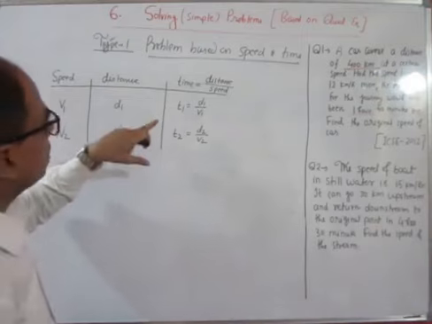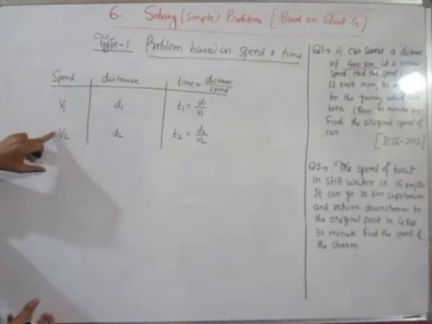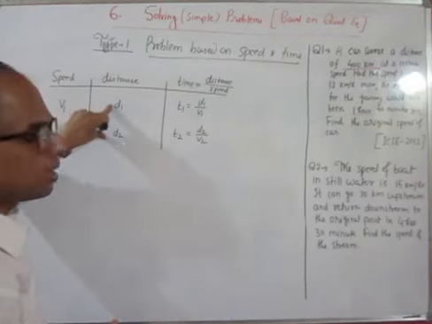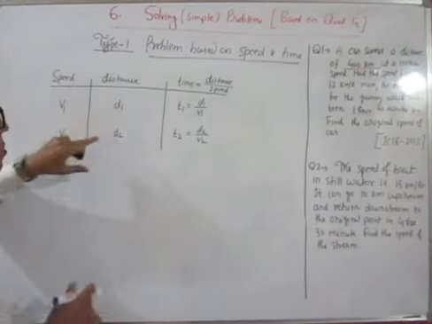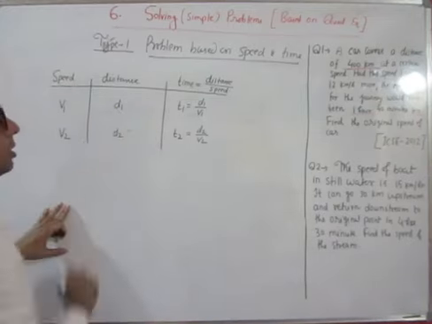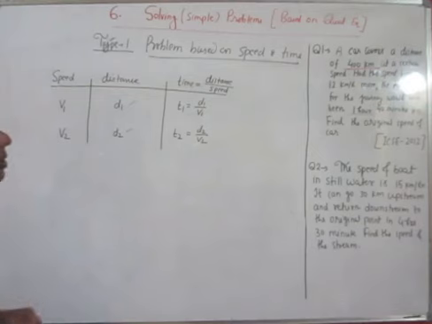Now these two speeds will be unknown for you. Clear? So you have to write v1, v2 in terms of x. Generally these two distances are given in the question, so these two will be known quantities and these two will be unknown quantities. So you have to take them in terms of x.